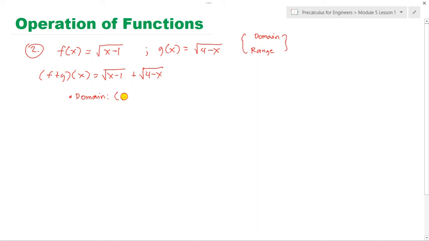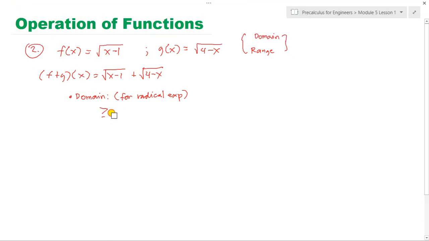So for radical expression, always remember that the inside expression in the square root, since the index is even, we need to avoid the expression inside the radical sign to be negative, so it must be greater than or equal to 0. So this is now our restriction.